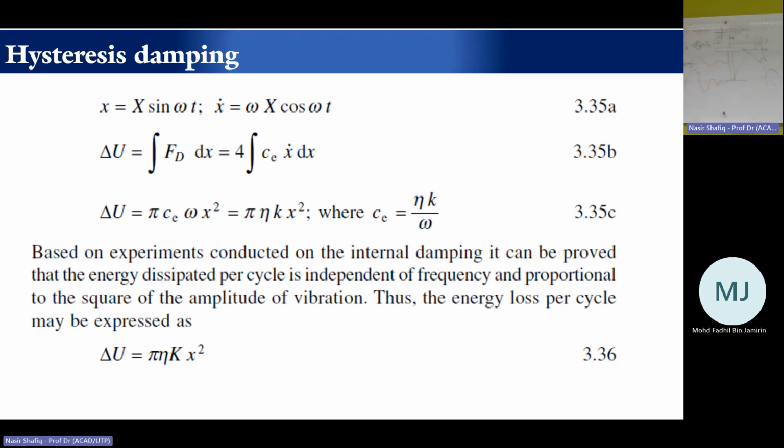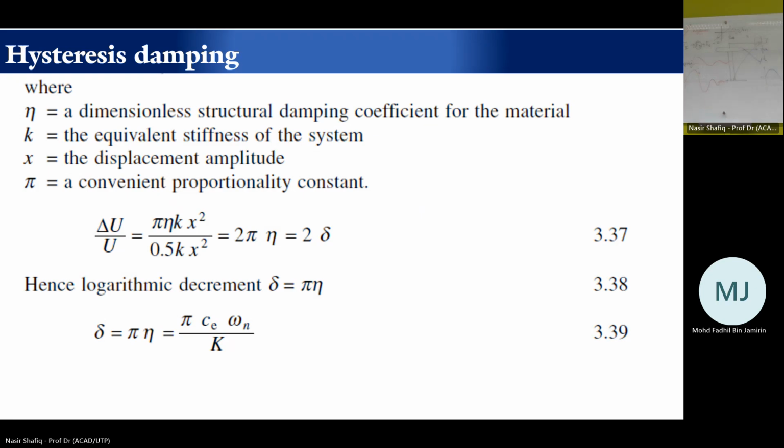Based on experiments conducted on internal damping, it can be proved that the energy dissipated per cycle is independent of frequency and proportional to the square of the amplitude. So the energy dissipation, pi eta k X square, is independent of the frequency.